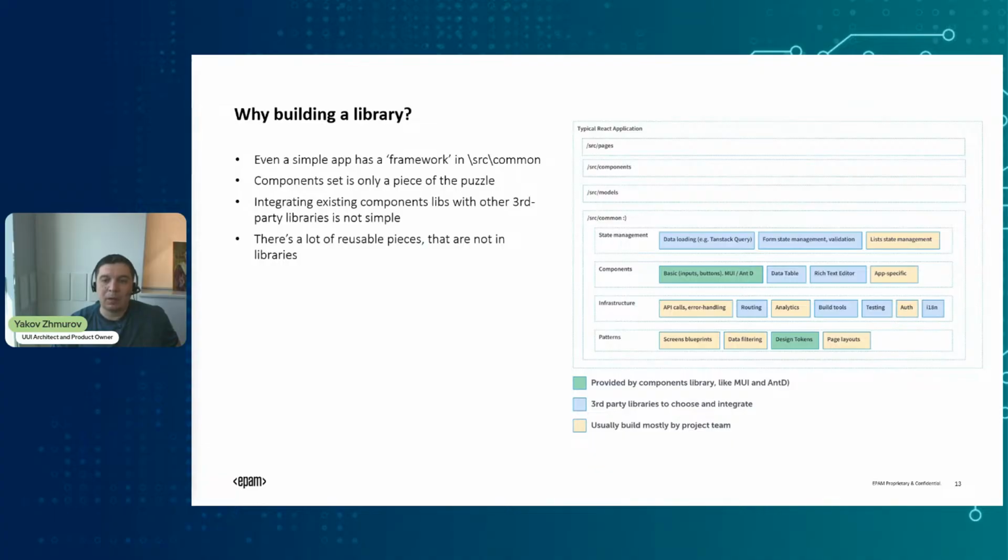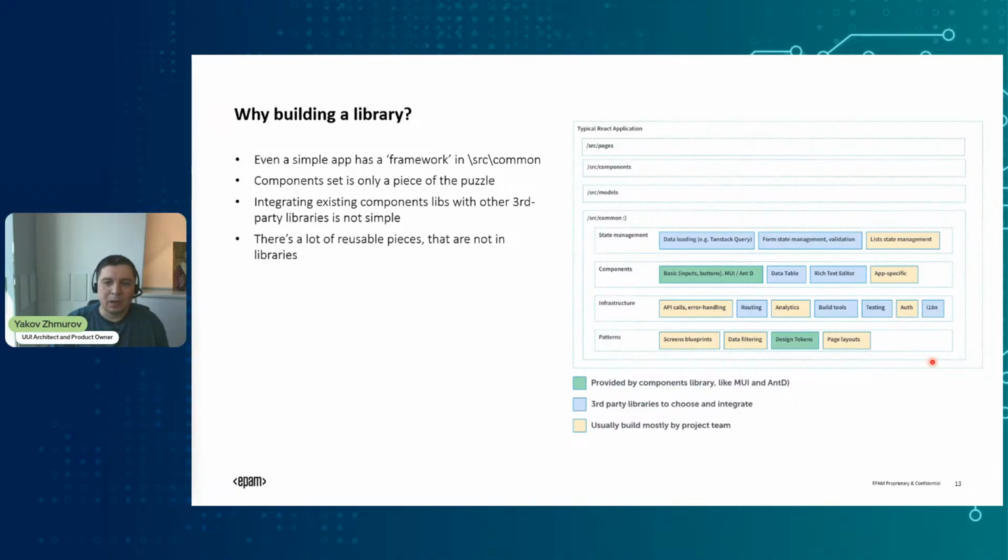Now, let's talk about why we decided to build our own library instead of going with something like MUI and Ant Design. So think about starting a new project. You might pick MUI, but before starting to use it, you have to build a theme for a client. Then you probably need to pick some third-party components that aren't included in the library.